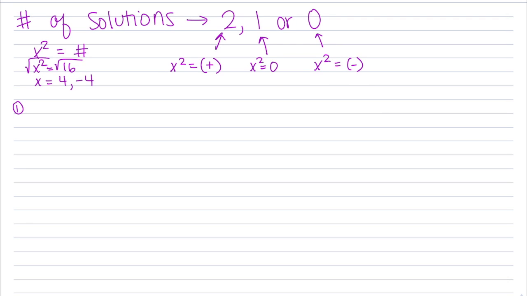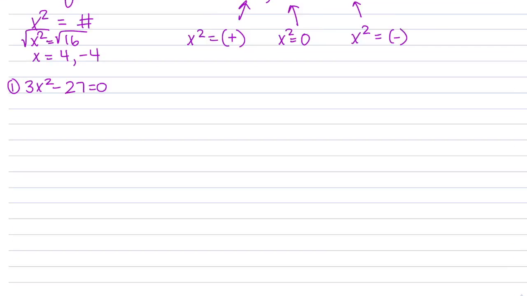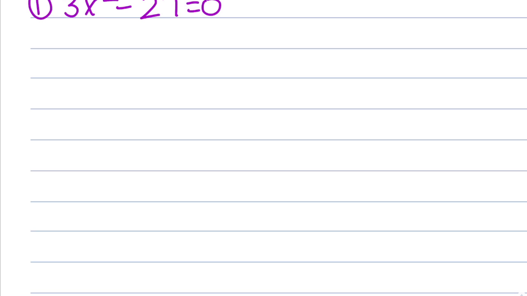We're going to do 4 different examples that are just basic calculations, and then we're going to do a real-life context problem. So the first one that we're going to do is 3x squared minus 27 equals 0. First I see I have no middle term, so I can just go ahead and solve from here.